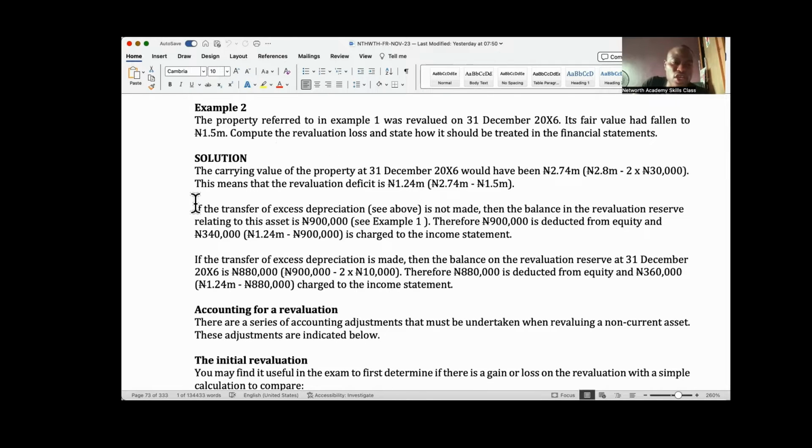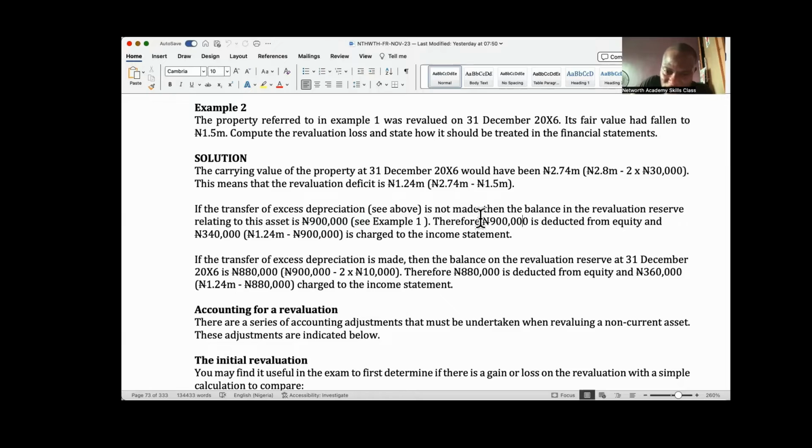Okay, so if I ignore this excess depreciation, then out of this 1.24 million, 900,000 first will be deducted from equity through your OCI. From your OCI, it goes to your equity, 900,000, just to go and net off that previous surplus.